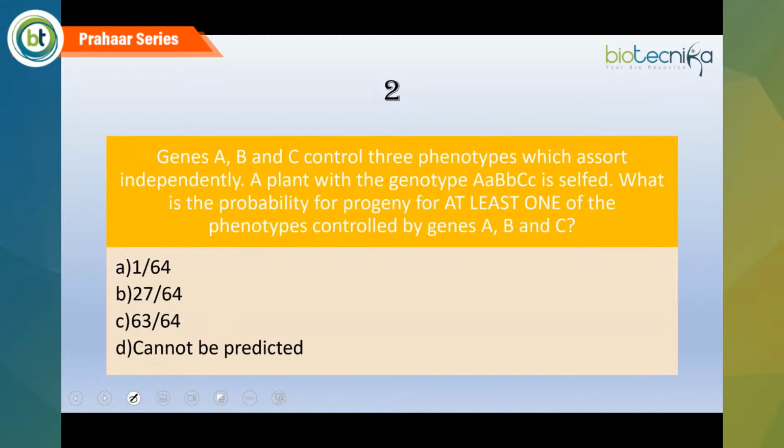Okay, so let's see this question here. Genes A, B, and C control three phenotypes which assort independently. A plant with the genotype shown here is selfed. What is the probability for the progeny to show at least one of the phenotypes controlled by the genes capital A, capital B, and capital C?